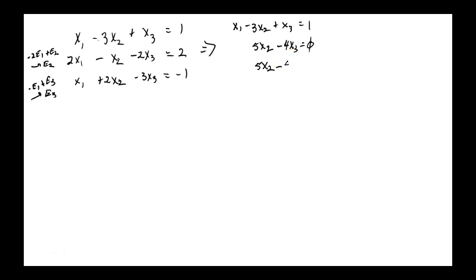1 minus 1 minus 3. If you had lost 1 pickle and then you lost 3 more pickles, you lost how many pickles? 3. You lost 1, then you lost 3 more. Minus 4 x3. Okay?